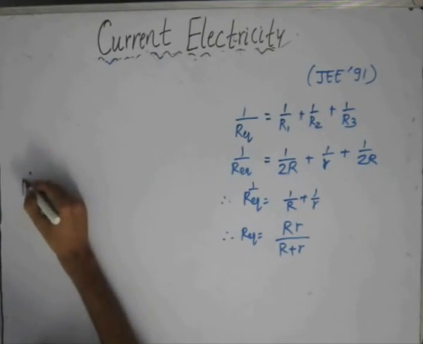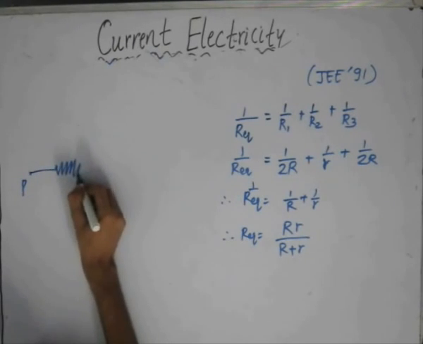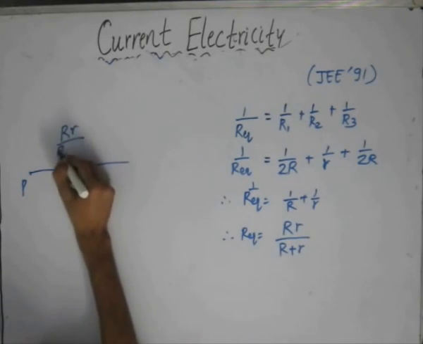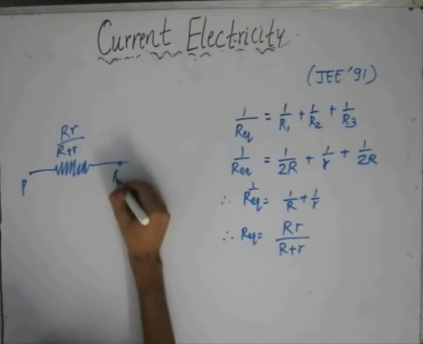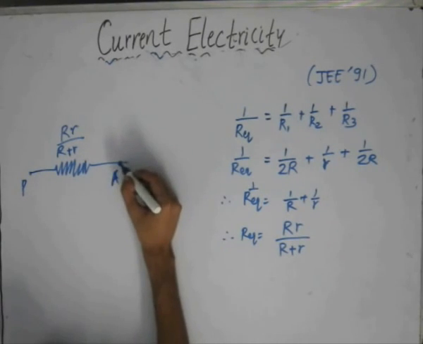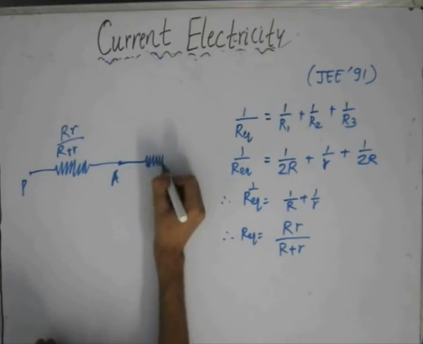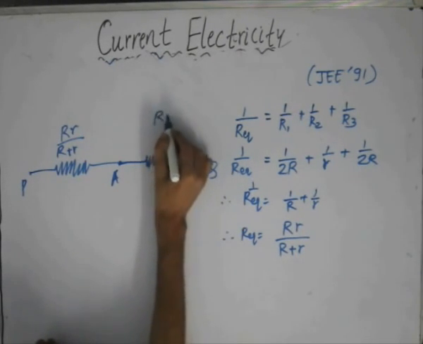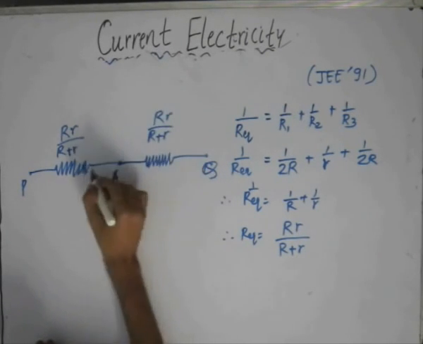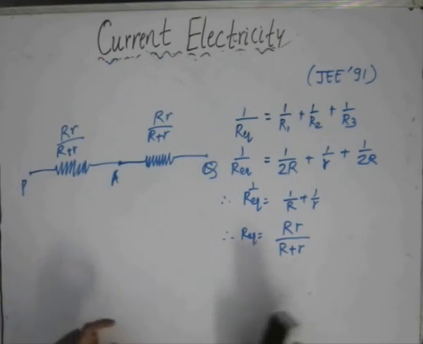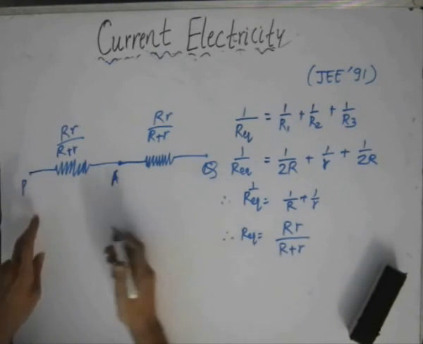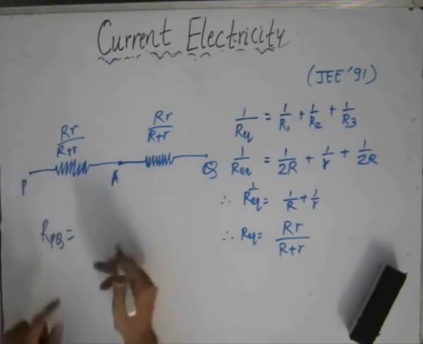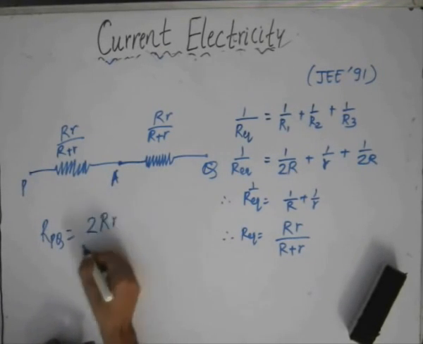Between point P and A we have a resistor of this value, and since the structure was symmetrical, between point A and Q we have the same value of resistor. These two resistors are connected in series, since the same current flows through both. So the equivalent resistance between P and Q is the sum of these two resistors.